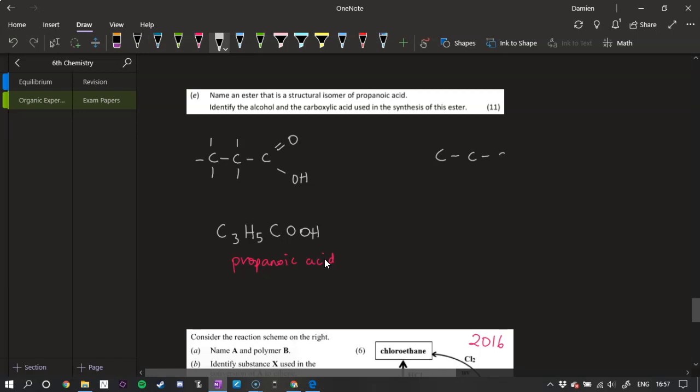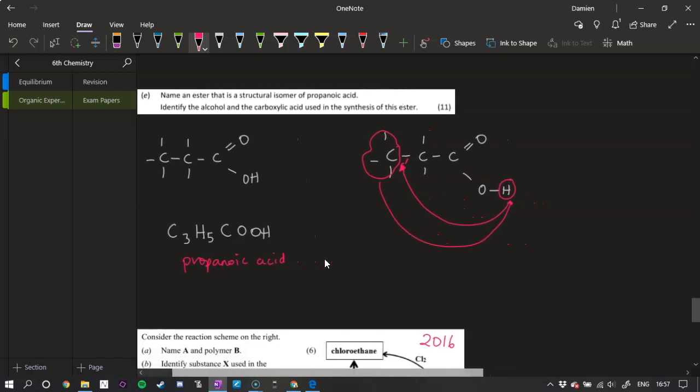If you want to find an ester, we know that an ester is COOR. So I would take out that hydrogen there and bring that hydrogen over here and pop it on the end of that bond, and I would take this CH3 group and bring it back and put it in here.